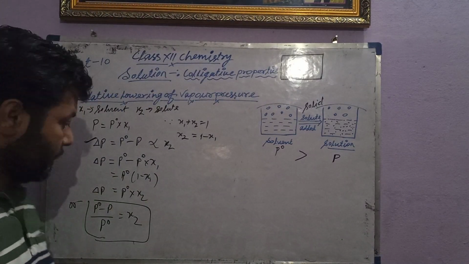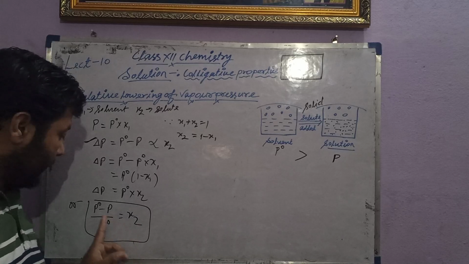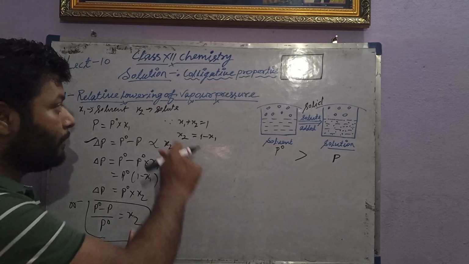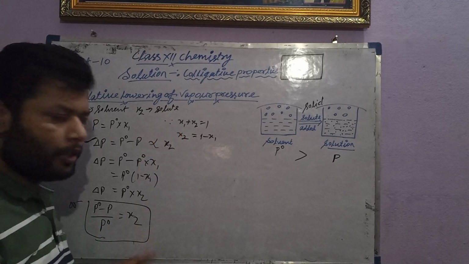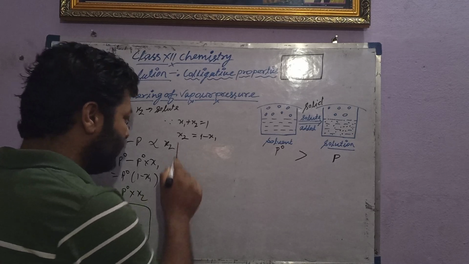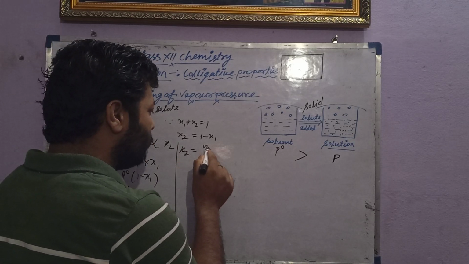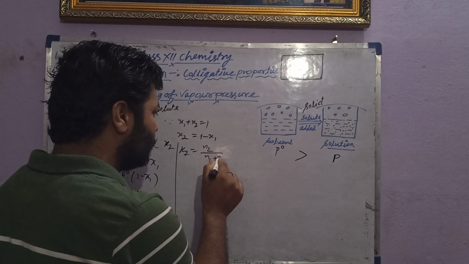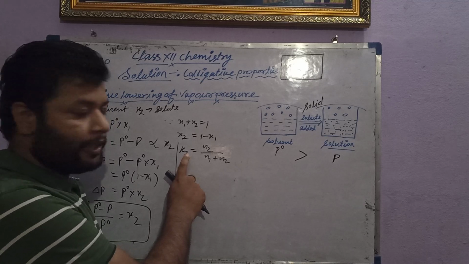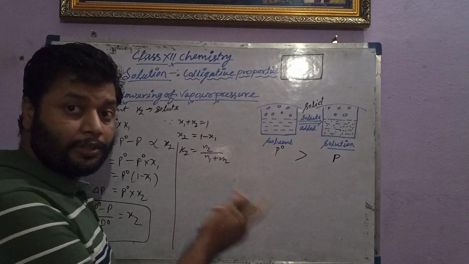P naught minus P is called the lowering of vapor pressure. So, resuming the topic, the formula we are getting is P naught minus P upon P naught equals x2, where x2 is the mole fraction of the non-volatile solute. And you know that x2 can be written as n2 upon n1 plus n2, the number of moles of solute upon the total number of moles of solution.